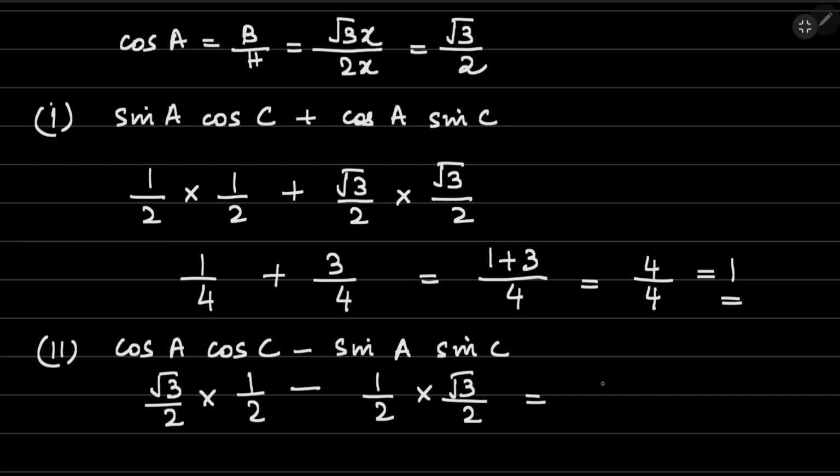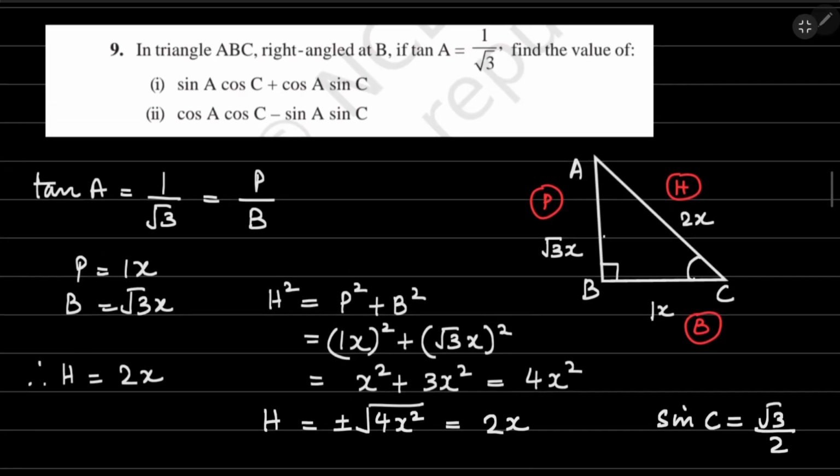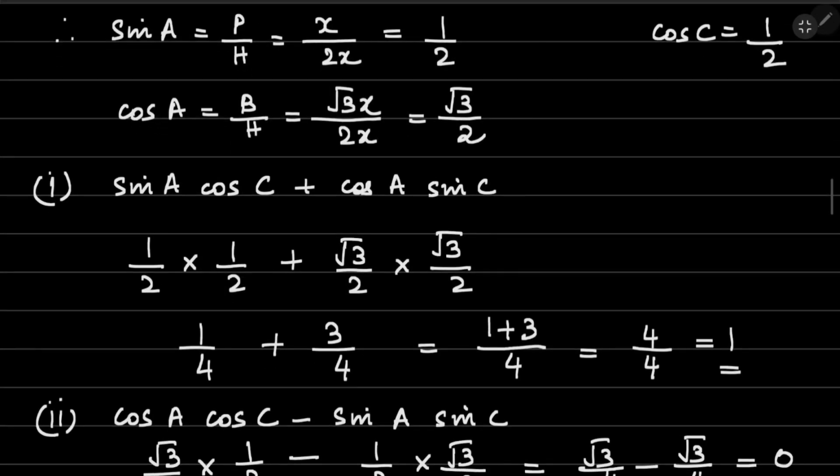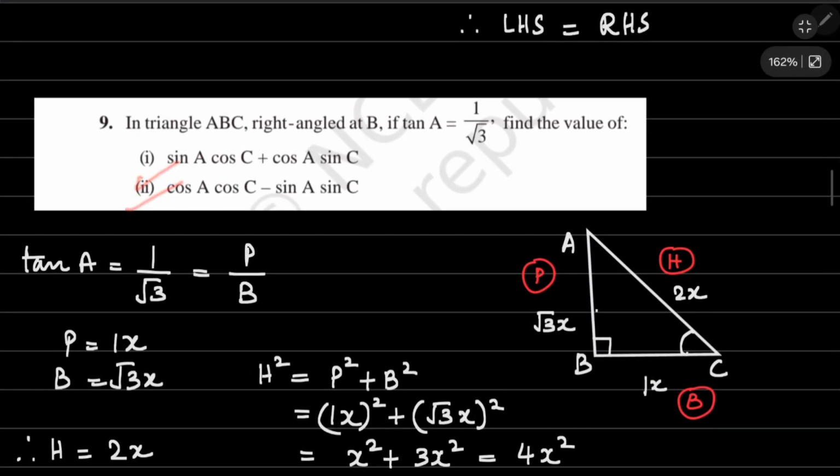So in both cases you are getting root 3 by 4 minus root 3 by 4, which is equal to 0. So the second answer is 0 and the first answer is 1. So both we are able to solve.